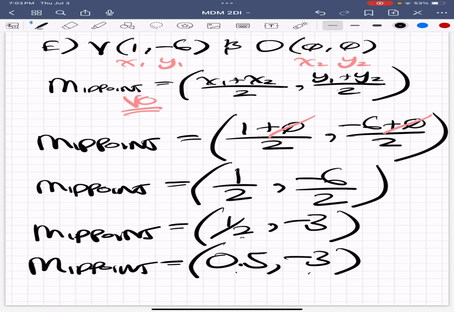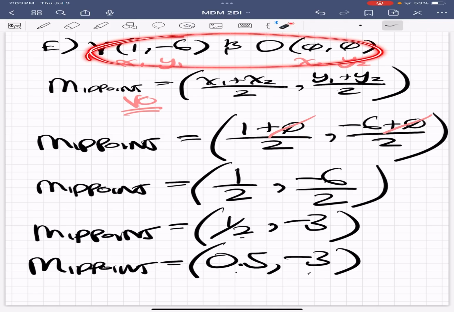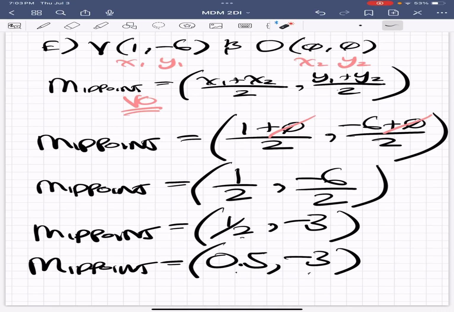It's also a fraction number. So what did we do here? So we had the formula for the midpoints, and we inputted these values up here. Those values. And they look like coordinates, and they are coordinates if we were to draw this on a graph. And then we're going to find the midpoint.